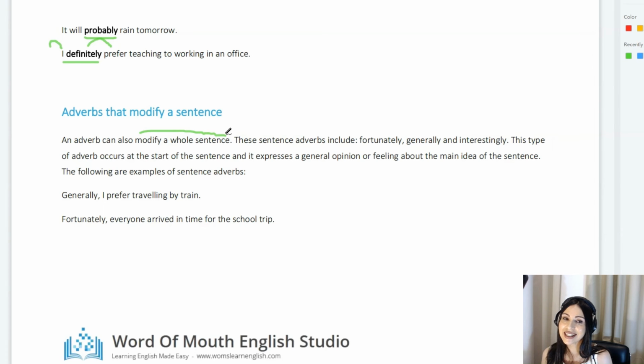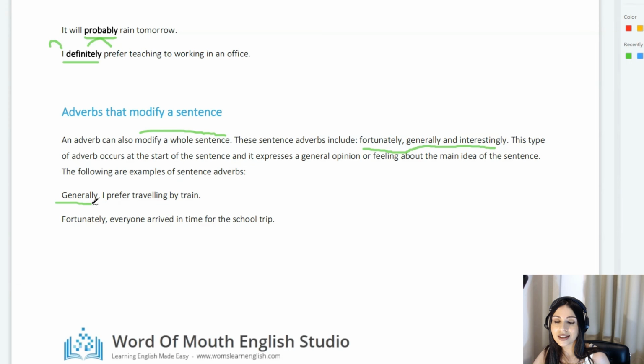Now, these sentence adverbs include adverbs such as fortunately, generally, and interestingly. This adverb usually appears at the beginning of a sentence and expresses a general feeling about something, about the idea of the main clause, not just of a word, but of the main idea of the sentence.